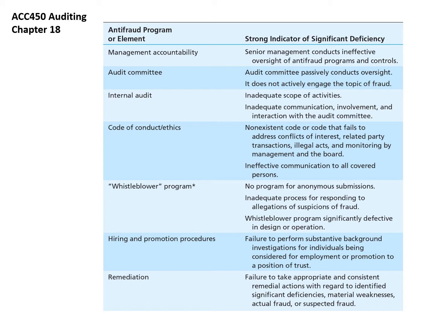And then what happens when problems do occur? So have people been fired for committing fraud, or do they get a slap on the wrist? Those kinds of things send a really significant signal to other employees in the company and would be an indication of a significant deficiency. We'll talk about what the auditors will do with a significant deficiency next.